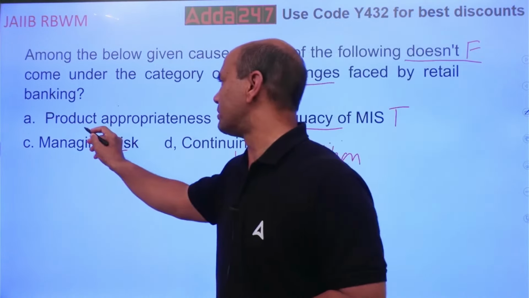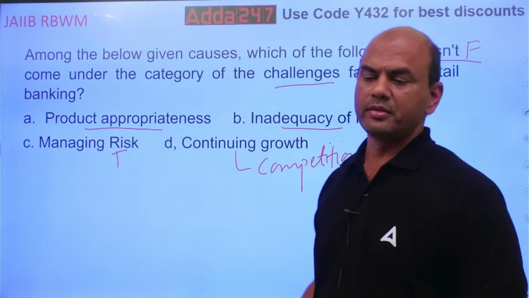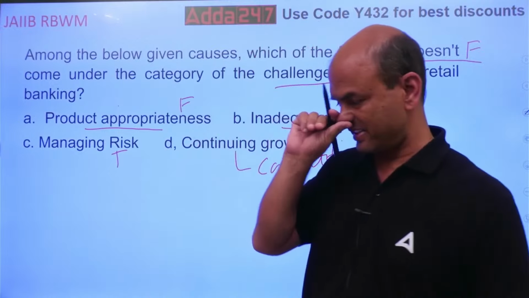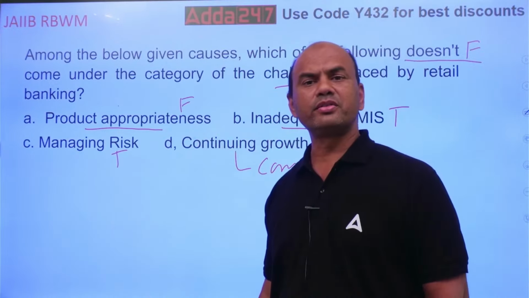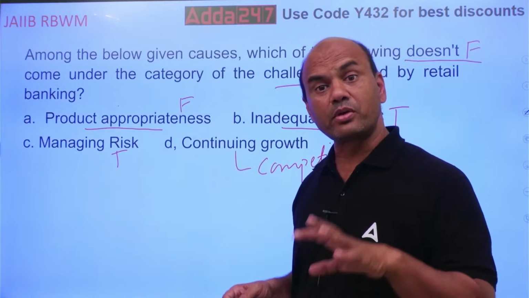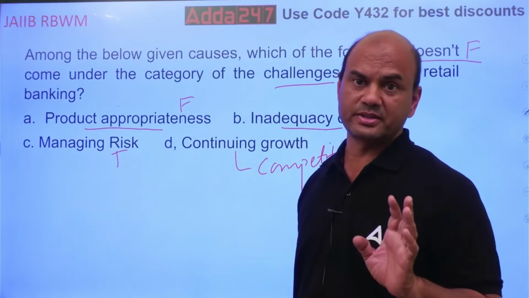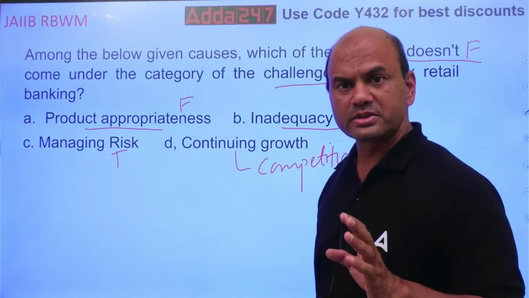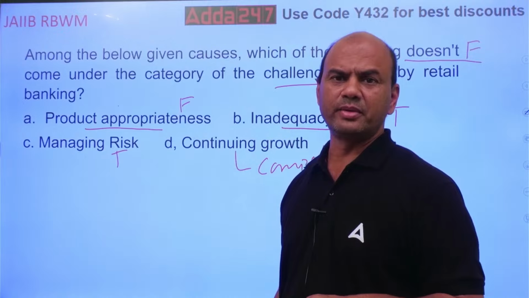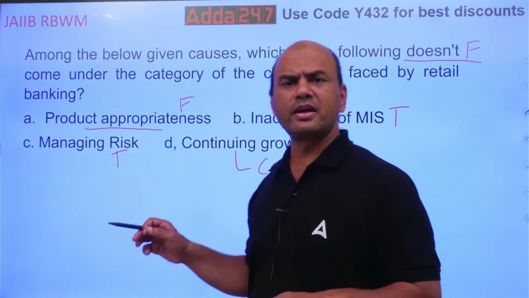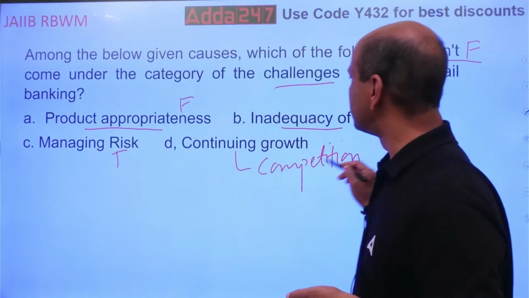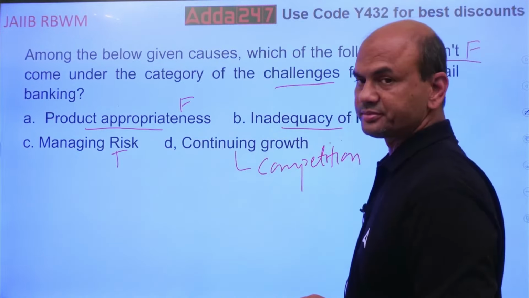This is never the problem. Why? Product appropriateness is never the problem in any banking. Because when you design the banking system, you first look at what the required product is. Whatever products are not used are immediately wound up in banking. So product appropriateness is not a challenge, it's a basic element. Here we are talking of challenges.